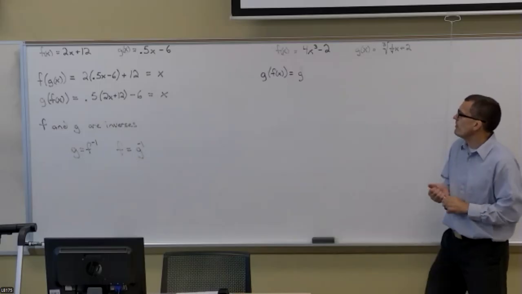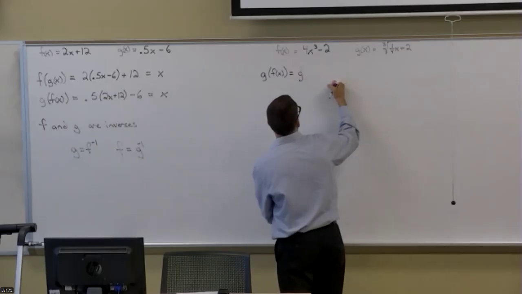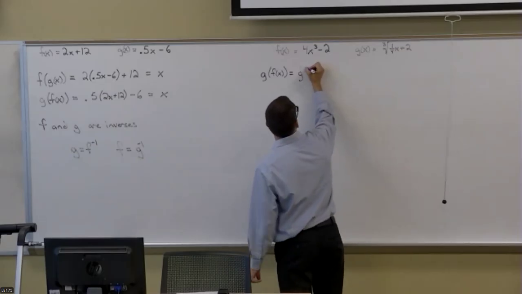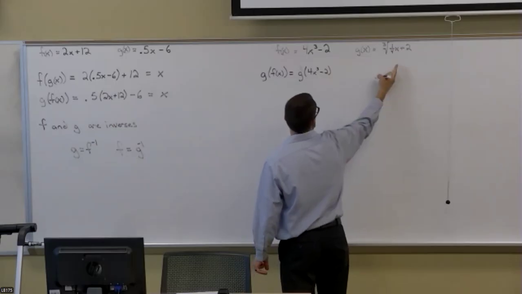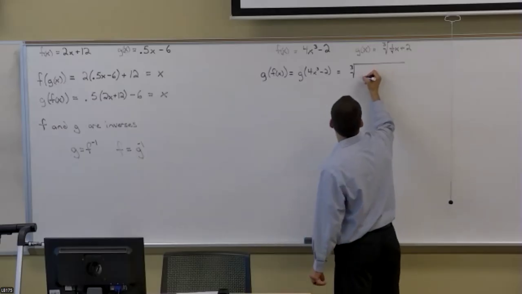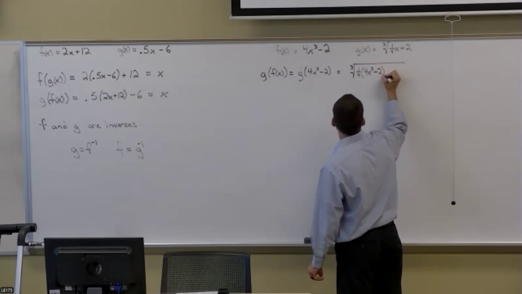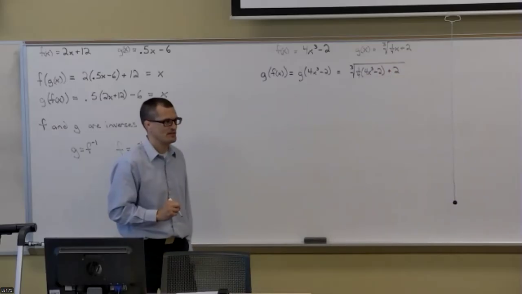So that one, they are inverses. Here, what we would do is plug in the same thing I did last time, 4x to the third minus 2, into my function g. And you might get excited here for a second, but then you realize there's a distributive property that we can't overlook, right?